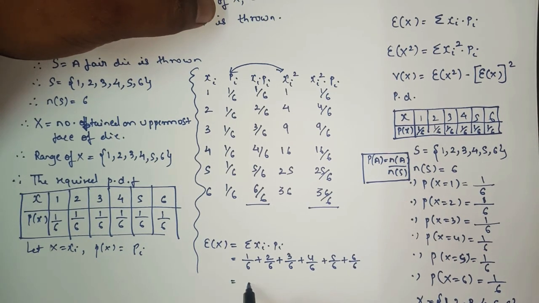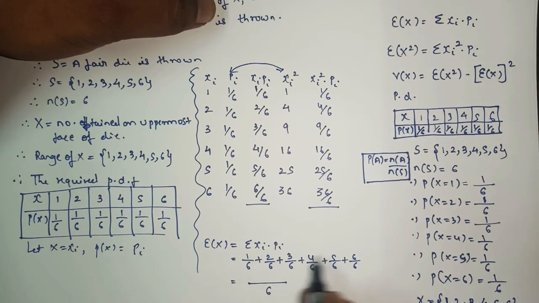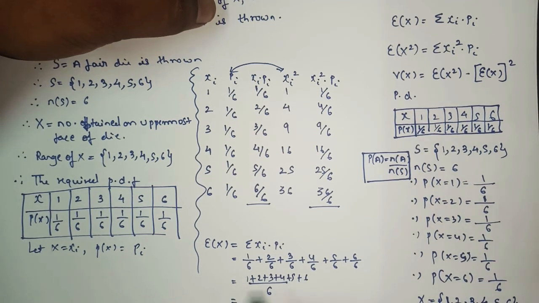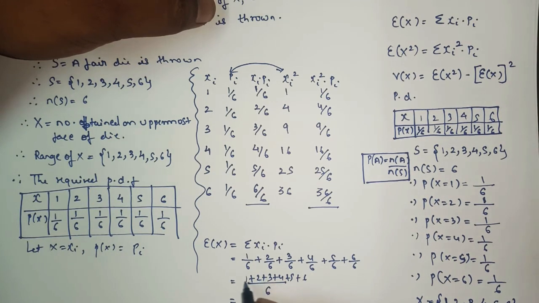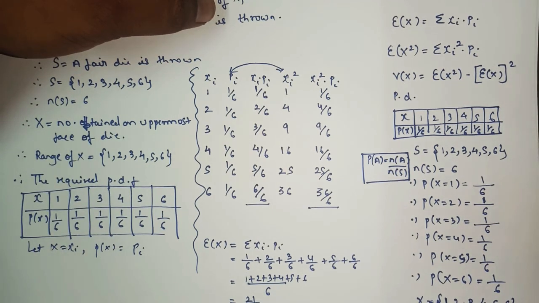Here the denominator is the same in all the cases, so we add the numerators: 1 plus 2 plus 3 plus 4 plus 5 plus 6. So the result will be what? 6, 11, 15, 18, 20, 21. So here we are getting 21 by 6.